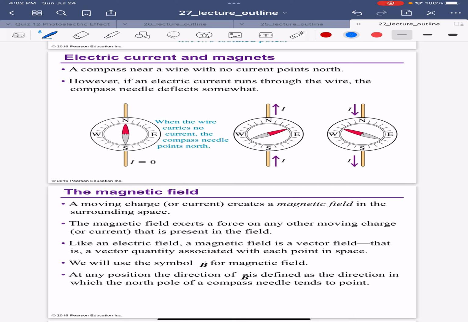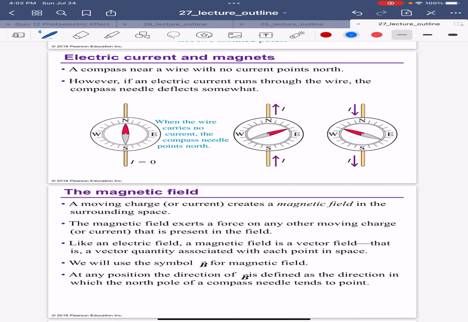Now, as I said, we're going to study this next chapter: if I have a moving charge or a current, then I will be able to get a magnetic field in the surrounding space. How are we going to calculate that? We are going to do this in chapter 28.